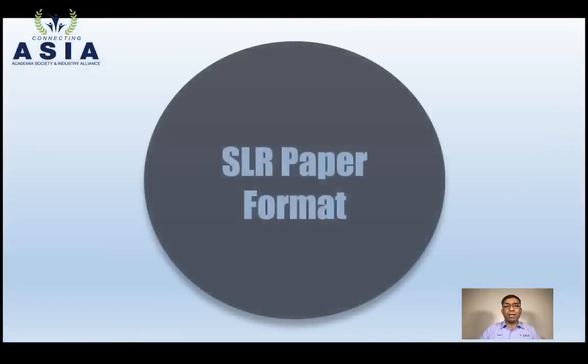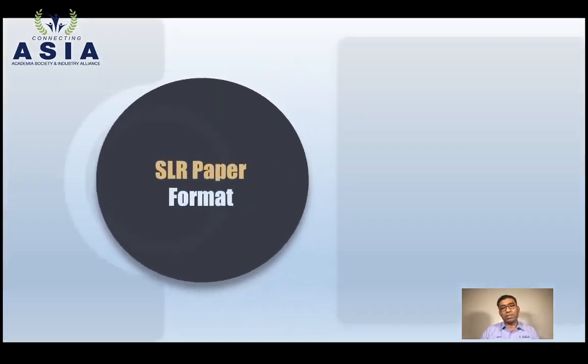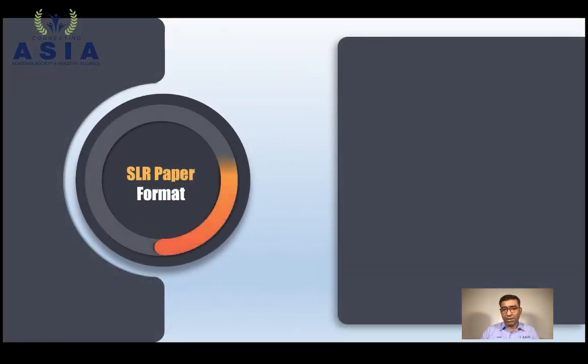Let me briefly overview the past session. We discussed the systematic literature review paper format and the 5 major components. The first one was the introduction part.